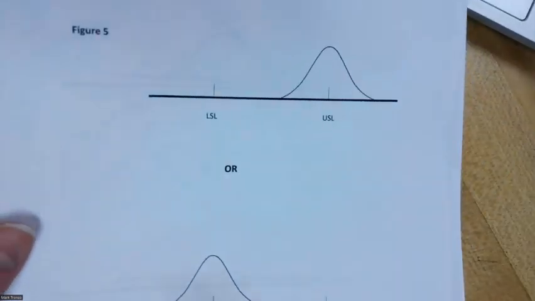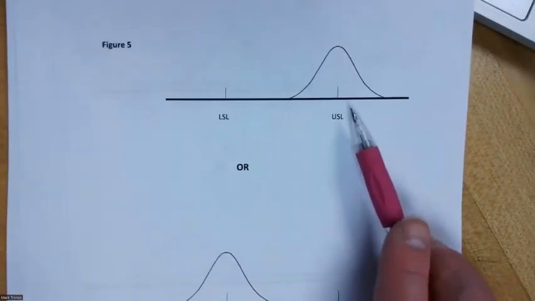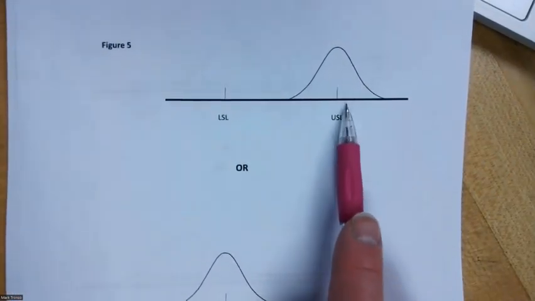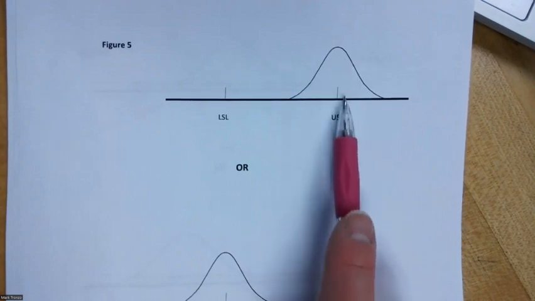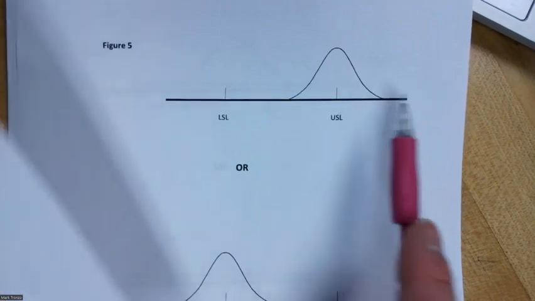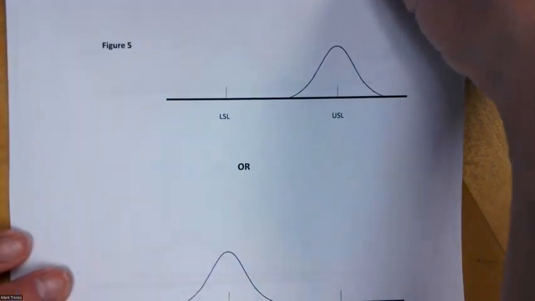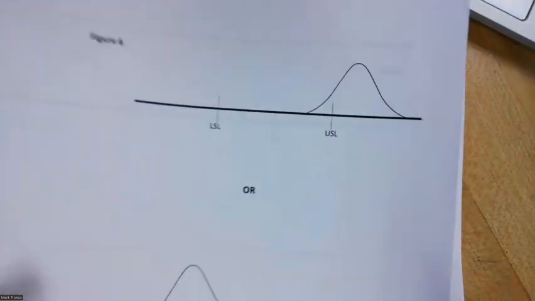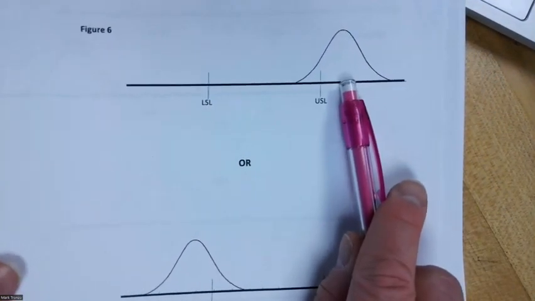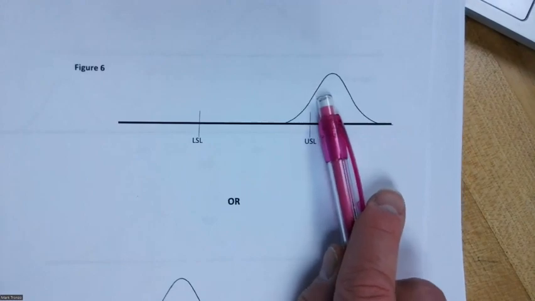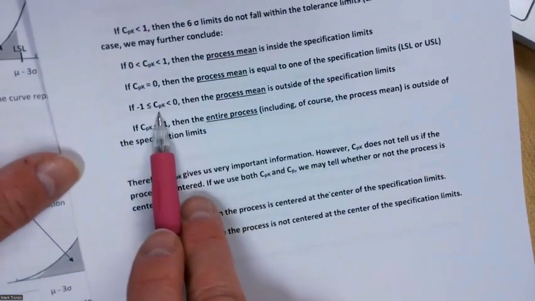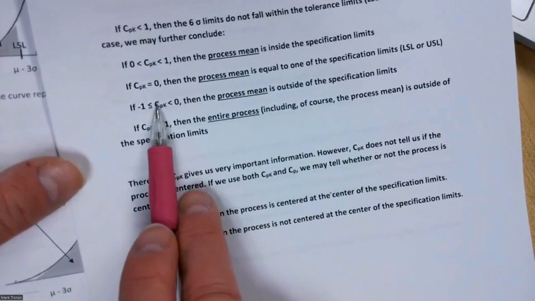And it's not this one because the mean is right on one of the upper or lower specification limits. That would be if CPK is 0, so it's not that. And it's not over here either, because the mean is not outside the specification limits, because that would be the case where CPK would be negative.